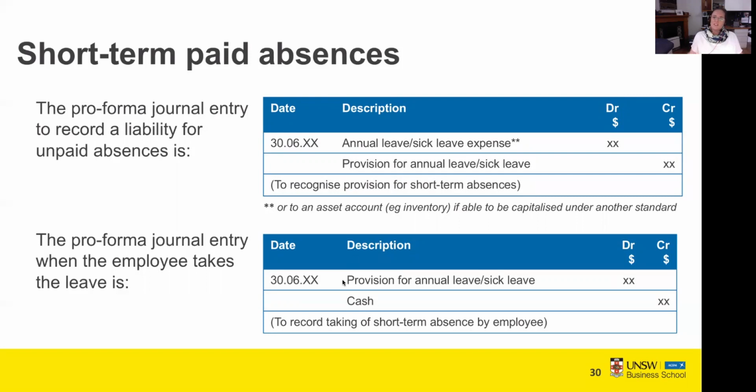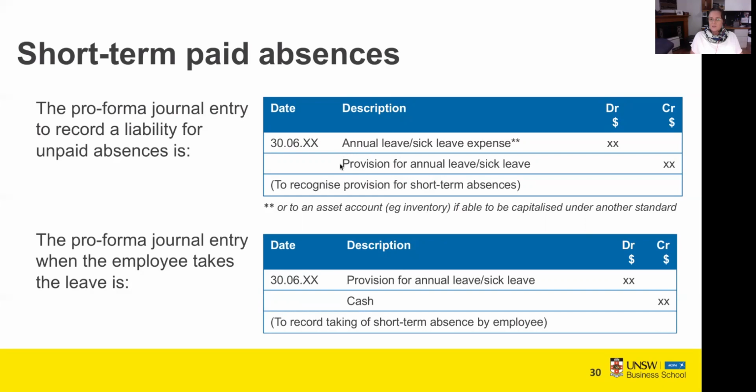When the employee takes the leave, we debit the provision, we credit cash. Now remember, recognition as an expense is the general rule. There are some exceptions to that. So sometimes for the entry at the top, occasionally you might be debiting inventory or plant and equipment, for example.